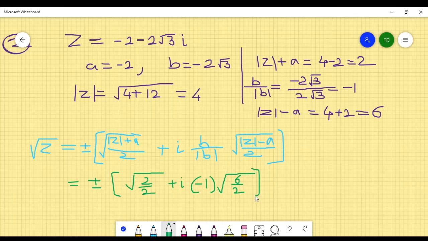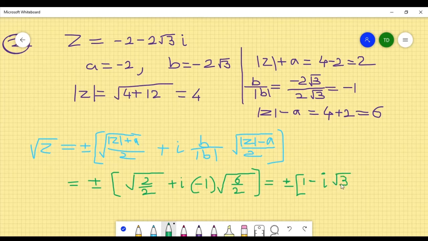So the answer is plus or minus (1 minus I root 3).